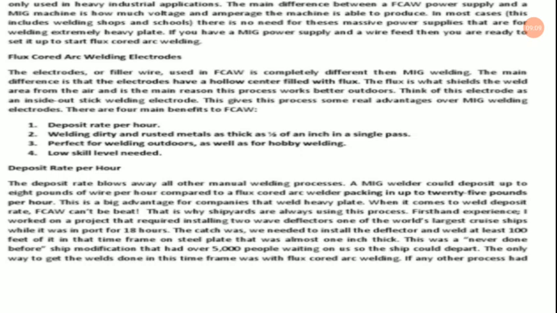So when you are adding the flux in the coating of the electrode of a MIG welding machine, then it is termed as the flux cored arc welding process. So nothing to fear or worry about in this process. This is much more similar to MIG welding, except that you have to add flux in your filler wire or filler material.